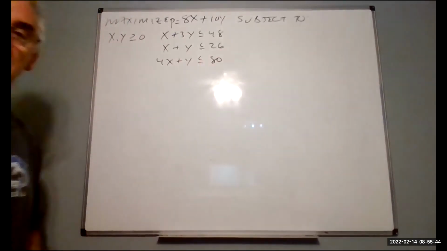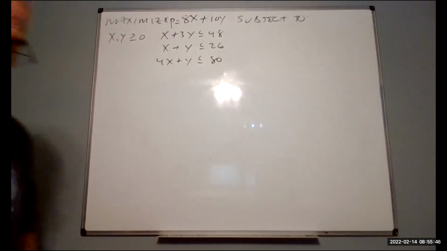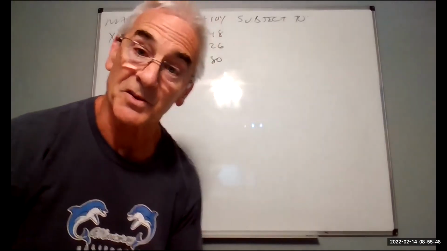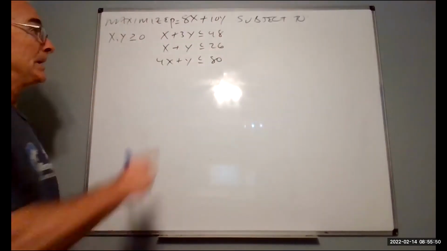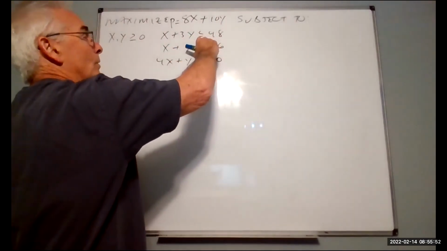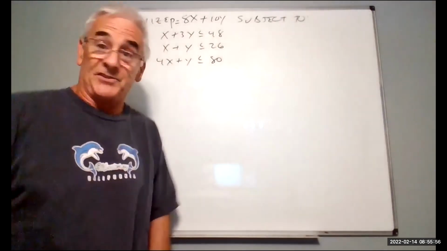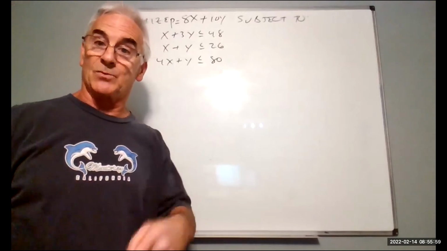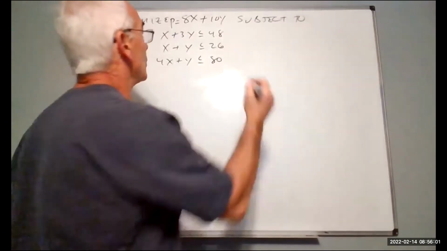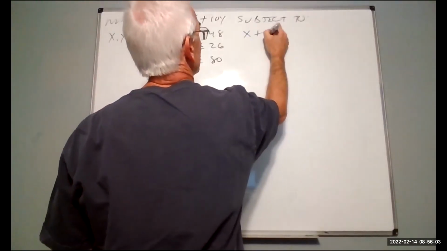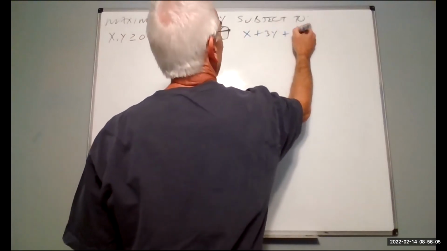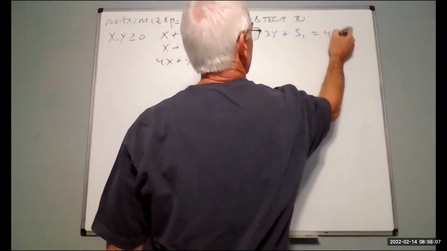Now, I cannot solve a system of inequalities using a matrix, but I can make a system of equations. Because this is a less than or equal, there potentially is a value that when added to the left side would make it equal. So what if I did this? x plus 3y plus S1 equals 48.